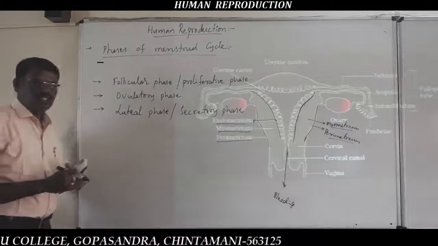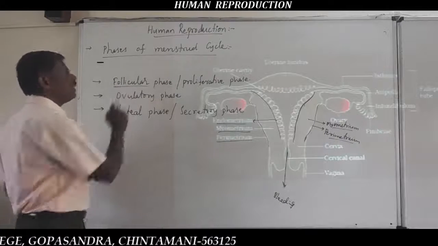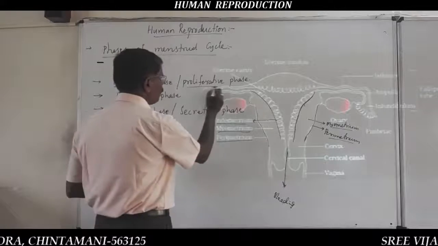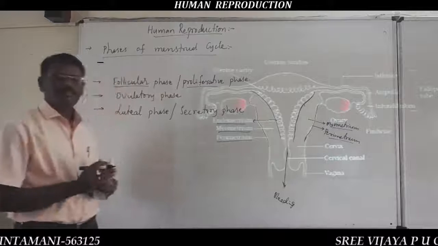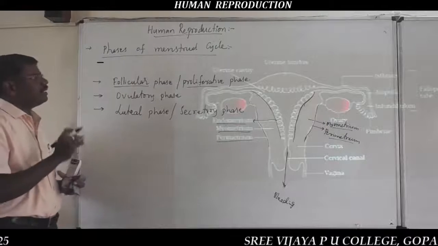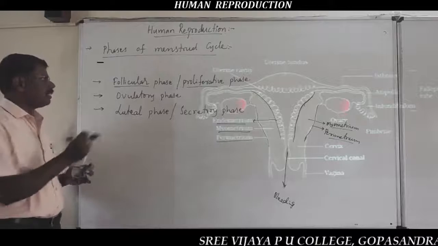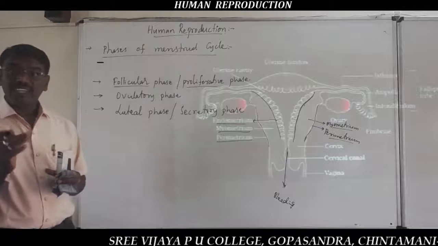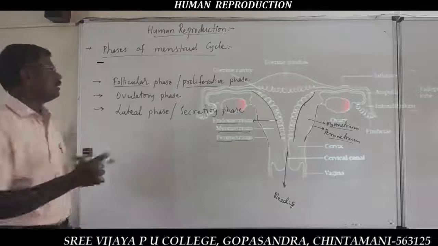The second one is the follicular phase. It is also called the proliferative phase. During the menstrual cycle, at the time of the follicular phase, there are events which occur.